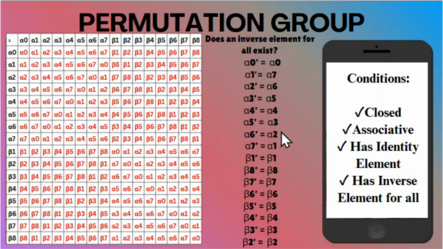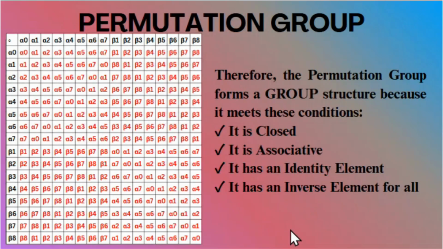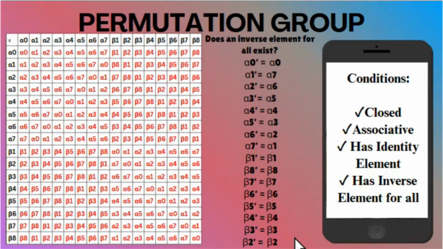For beta, the inverse of beta sub 1 is beta sub 1, and beta sub 8's inverse element is beta sub 8, and the inverse element of beta sub 7 is beta sub 7, and the inverse of beta sub 6 is beta sub 6, and the inverse of beta sub 5 is beta sub 5, and the inverse of beta sub 4 is beta sub 4, and the inverse of beta sub 3 is beta sub 3, and then the inverse of beta sub 2 is beta sub 2.